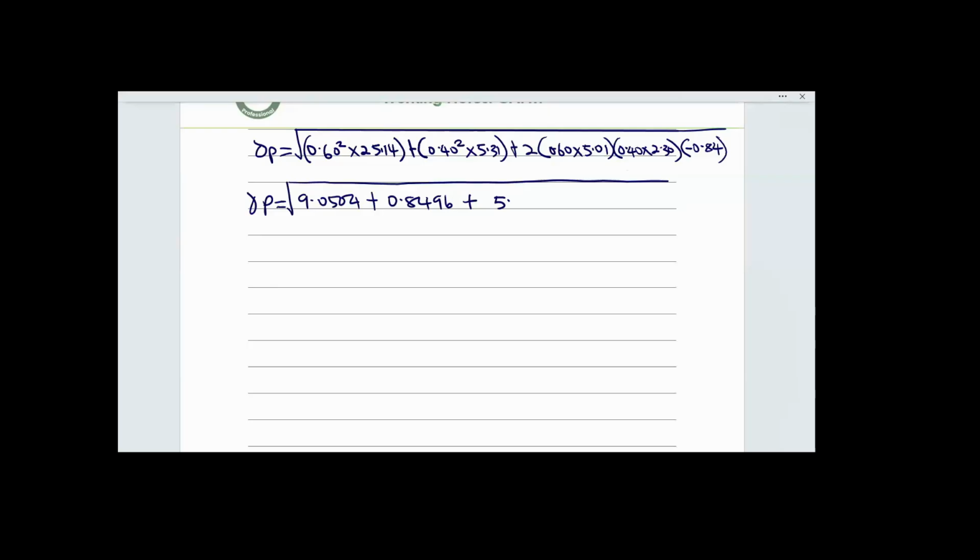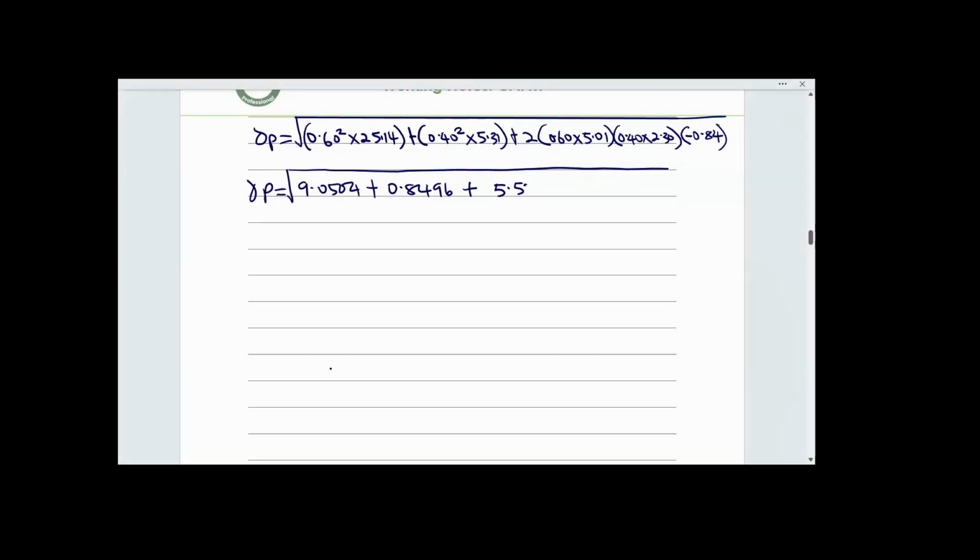5.53104. Then multiply by minus 0.84. The reason we do it this way is because of requirement E, so that you don't need to recalculate it. The only thing that will change is the correlation coefficient.